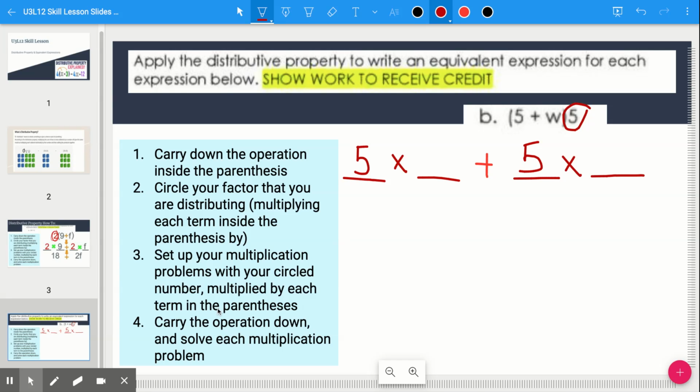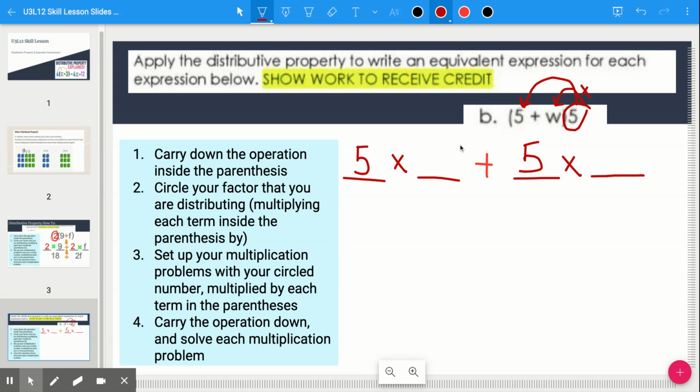Okay. Now, let's see. Set up your multiplication problems with your circled number multiplied by each term in the parentheses. So it would look like this, right? I'm going to have to do 5 times W, and 5 times the other term, 5.